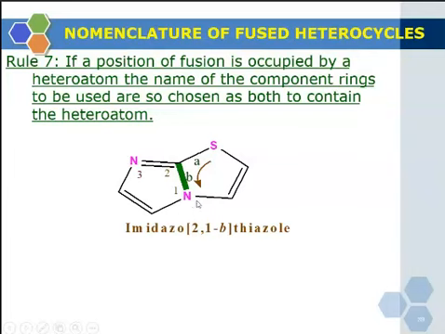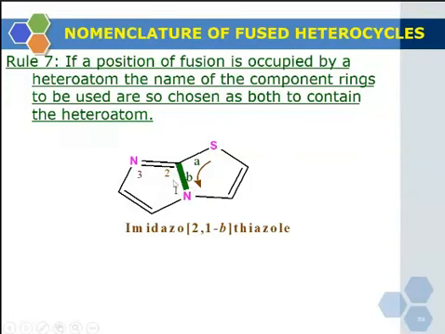Then the names of the component rings to be used are so chosen as both to contain the heteroatom. That means the nomenclature is done as this ring is also containing this nitrogen and this ring is also containing the nitrogen.